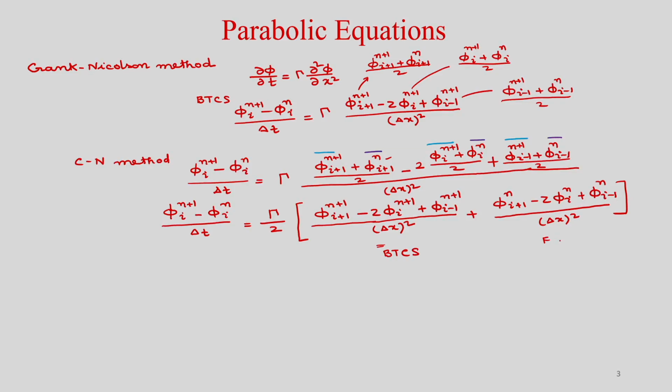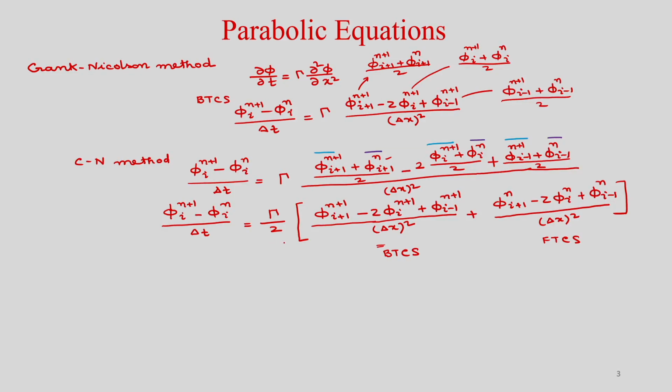So, it is a kind of forward time central space method. So, you can see that when we are using the Crank-Nicolson method, it is some average of BTCS and FTCS, because on the right hand side, if you observe, it is an average, 1 by 2, and it is BTCS type discretization and it is FTCS type discretization.